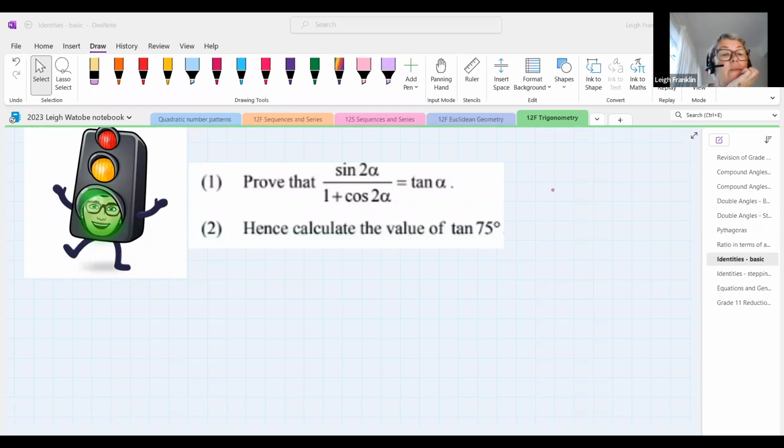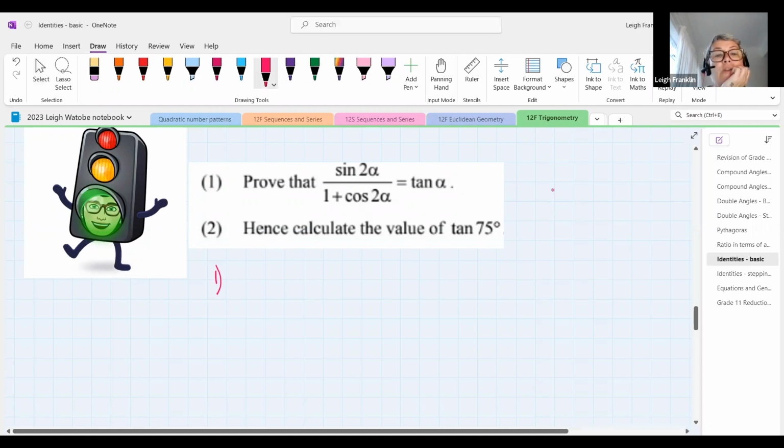Okay, so if we have a look at number 1, we've got sine 2A over 1 plus cos 2A equals tan A. All right, so can anybody tell me what do you think we should do with the numerator?